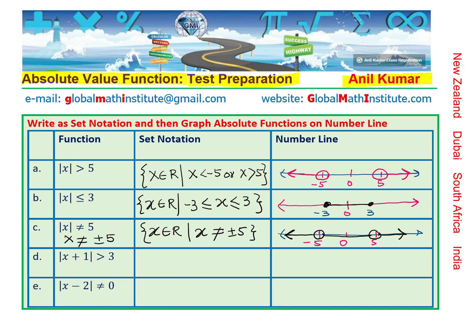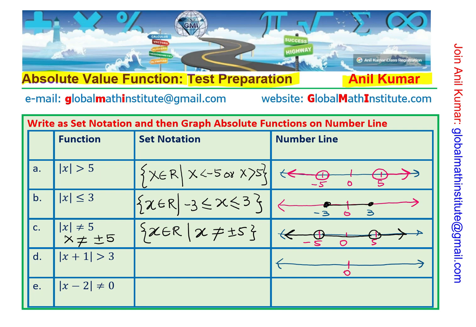Now we have absolute value of x plus 1 is greater than 3. Now that is kind of tricky. How do we show this on a graph, right? So I'll show you very beautifully how it can be done without really solving the inequality. Let's say this is 0 for us.